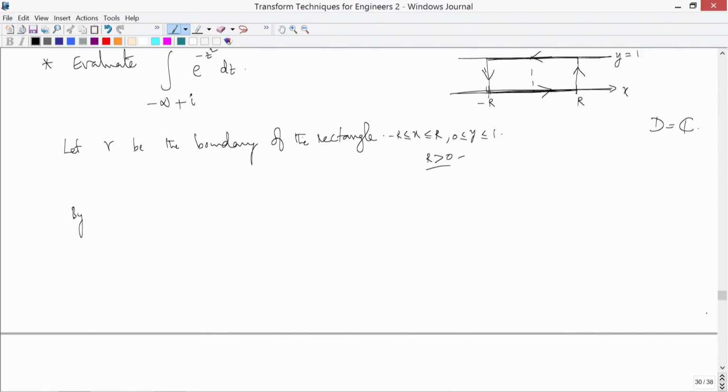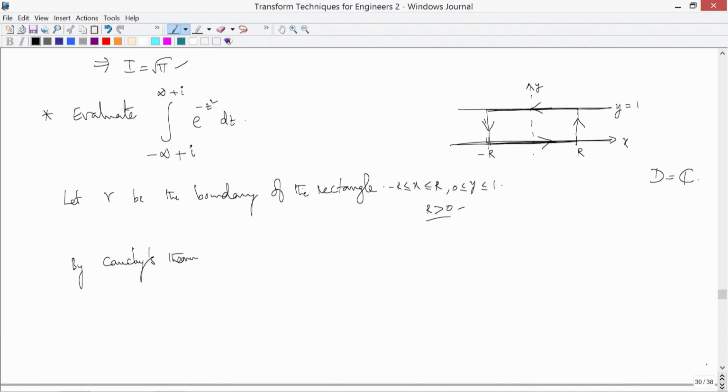So, by Cauchy's theorem, what we know is that over this contour, if gamma is this plus this plus this plus this, the integral of f of z is zero.